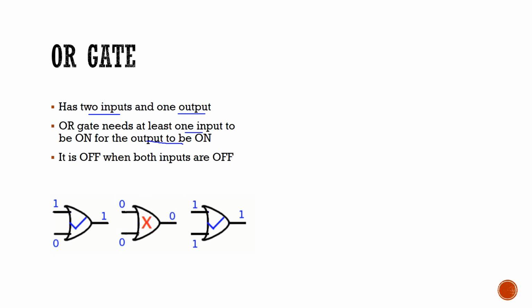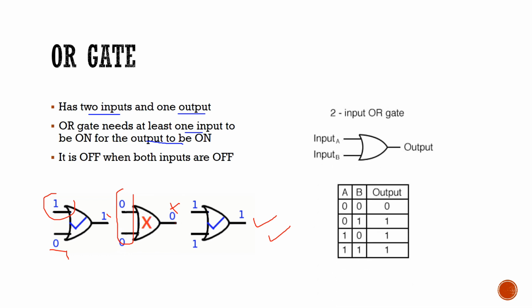As you can see in these pictures, in picture 1 one input is a logic high and the other is a logic low, and it gives a logic high output. If both are logic low, the output also is logic low. We don't have an output, it becomes off. And if both are logic high, we have a logic high output, it becomes on.